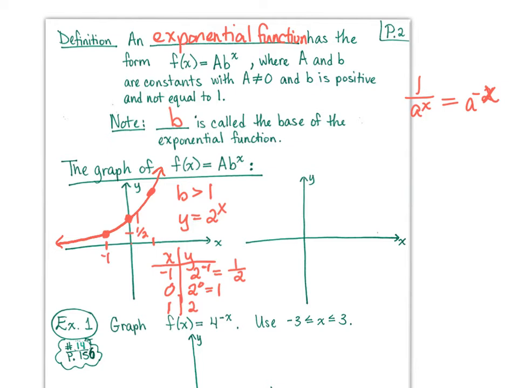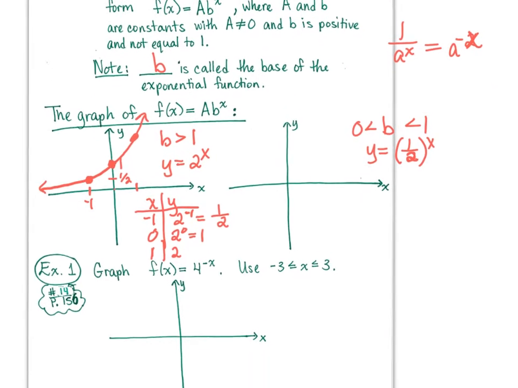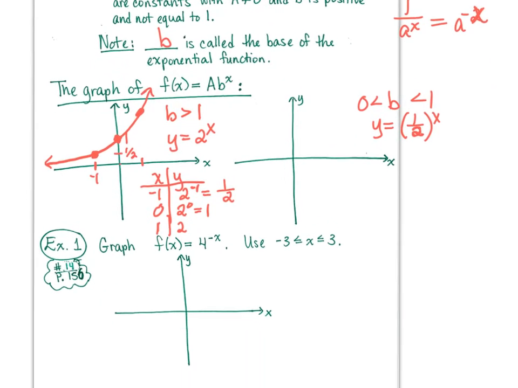But now, what happens to the graph of an exponential function when b is strictly greater than 0 but less than 1? Let's consider the exponential function y equals 1/2 raised to the x. You can do the same thing with an XY chart.